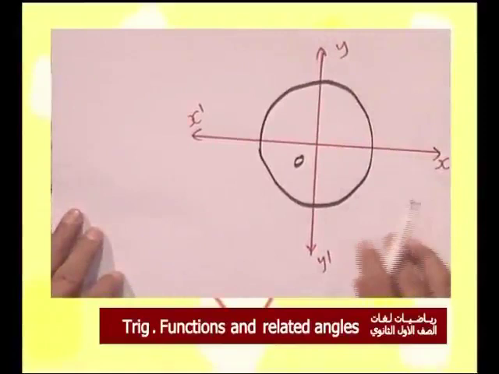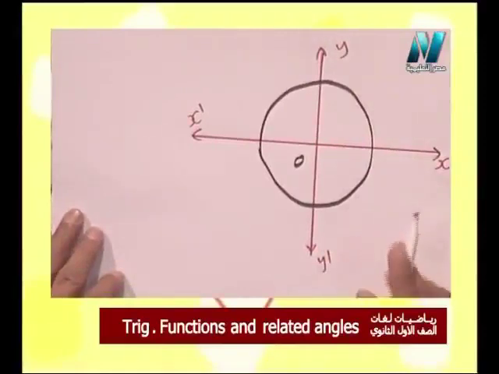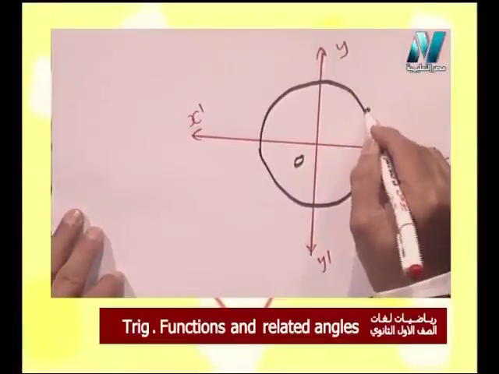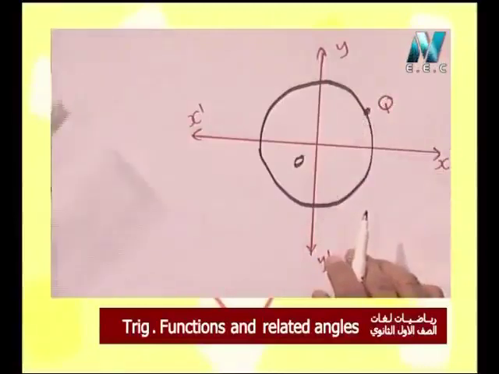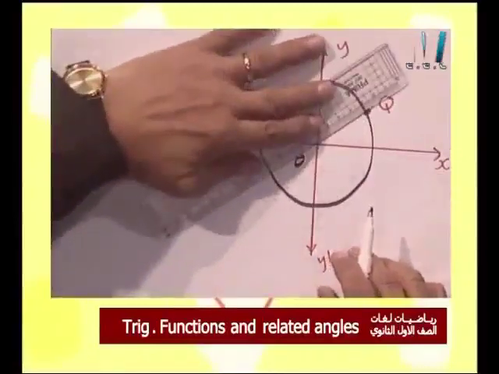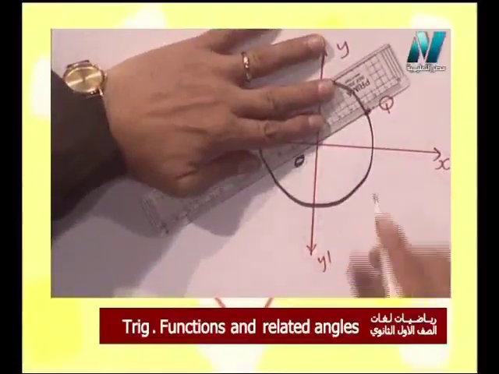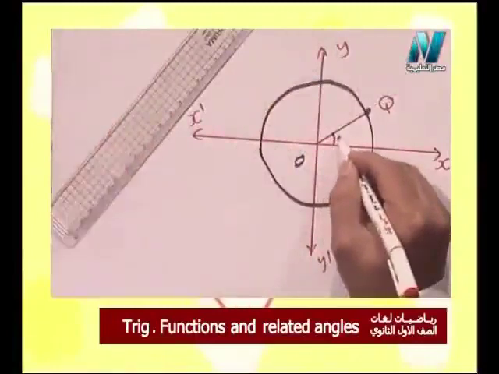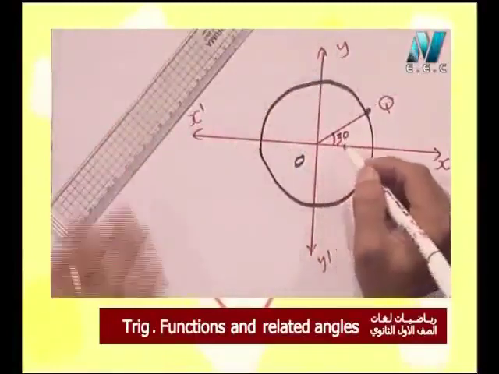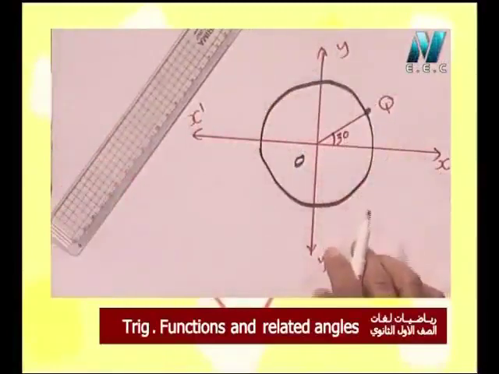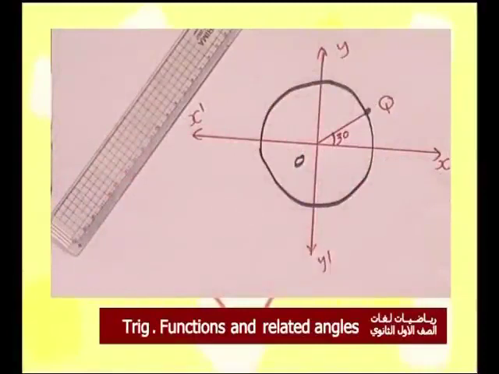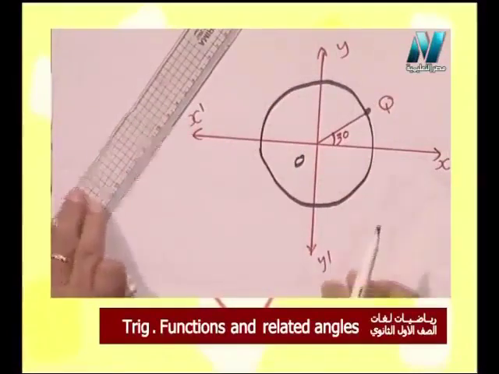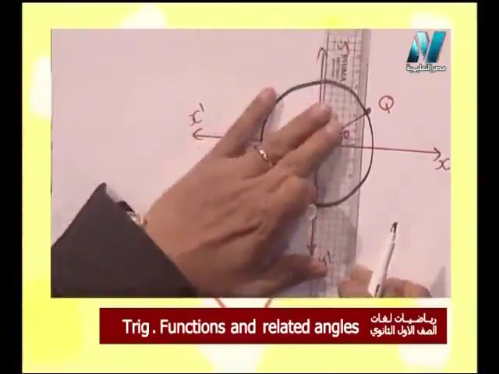Okay, look carefully. If we have a point here, which is Q, and this point represents a terminal side like this, which is 30 degrees, and we drop a perpendicular to the x-axis from this point.